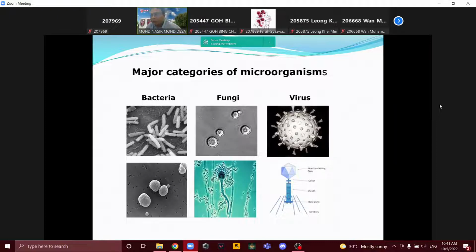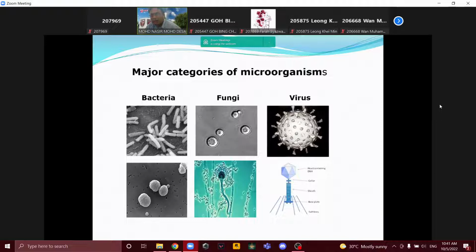So we are dealing a lot more with bacterial and viral infections, which is true in many other countries as well. But if you go to a poor country, probably some remote country in Africa, you might want to learn more about fungus because of poor hygiene and so on. Although we don't have many serious cases involving fungal infection, in other countries where they have a poor sanitation system, poor hygiene practice, we need to know more about fungus, because although not common here, they are common in other countries.